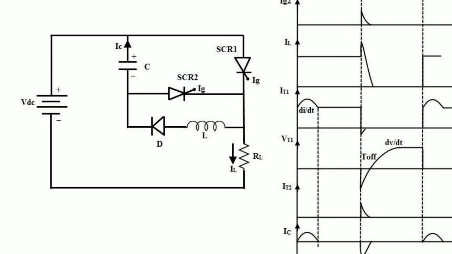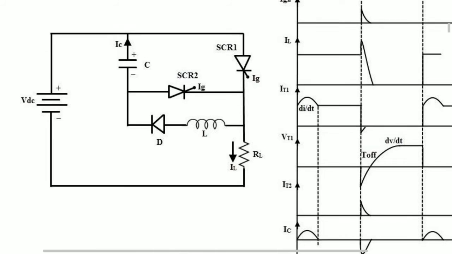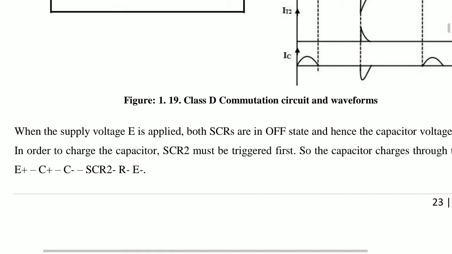The path of the current is from the DC supply to the capacitor, then through SCR2 and the load resistance RL. This is the basic path of the current flow. In this mechanism the capacitor starts to charge, with positive polarity at the upper plate and negative at the lower plate. We will see this in the description.